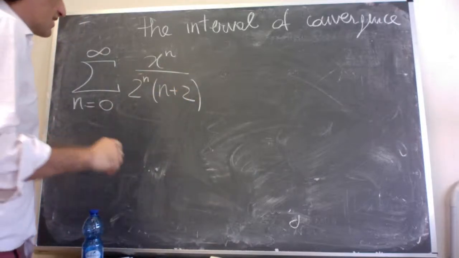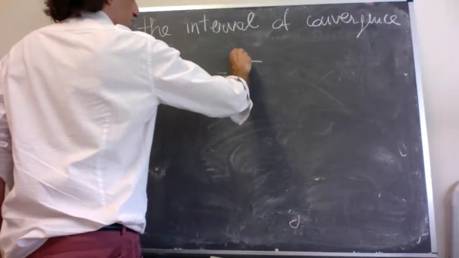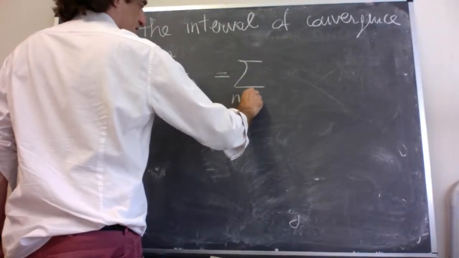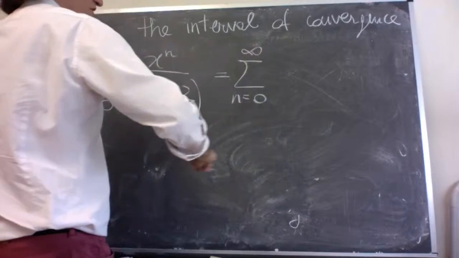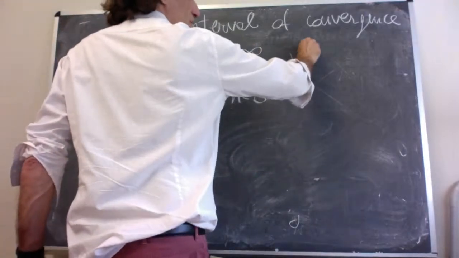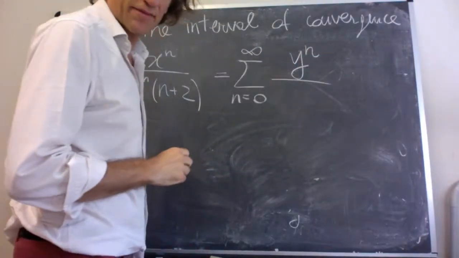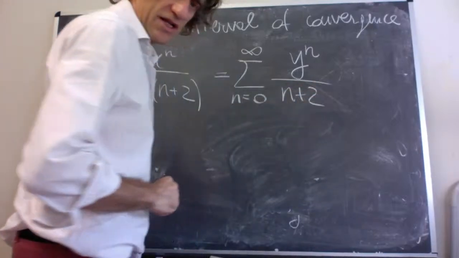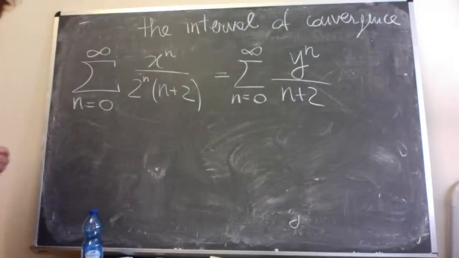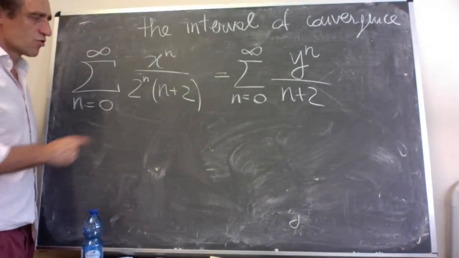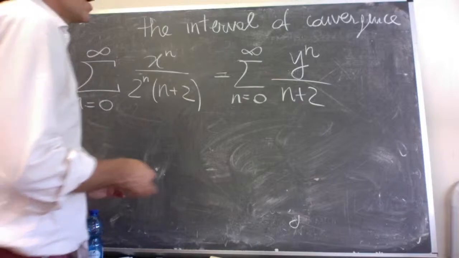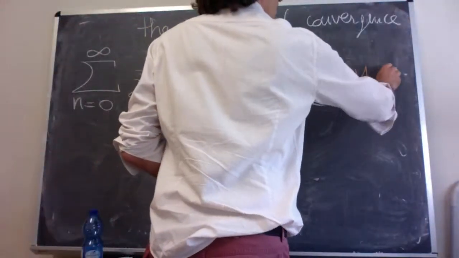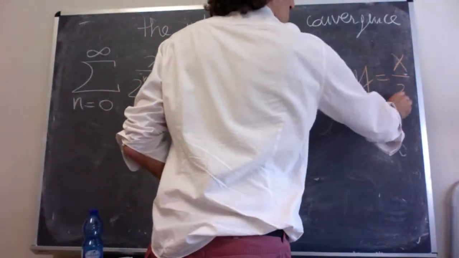You can write it as the sum for n from 0 to plus infinity of a new variable y to the nth power divided by n plus 2, where we introduce the variable y equal to x over 2.